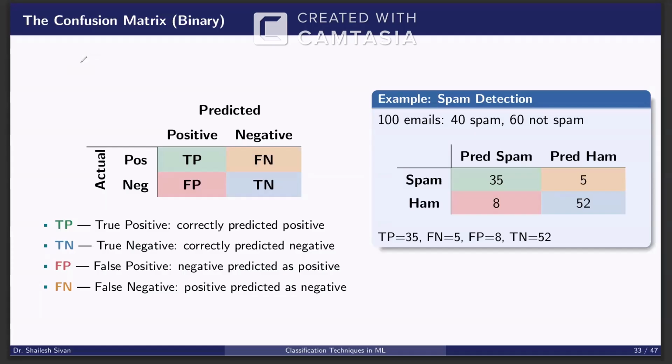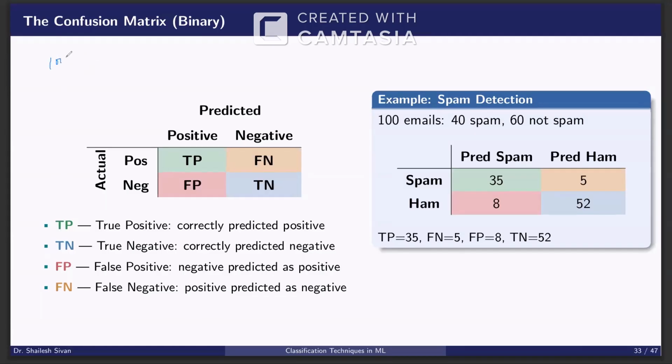See, suppose we have 100 data points. Among that, 90 data points are used for training and 10 data points are used for testing purposes. Is that clear? So we build a classifier, whether it is a Naive Bayes classifier or a decision tree or KNN or SVM or logistic regression, whatever it is.